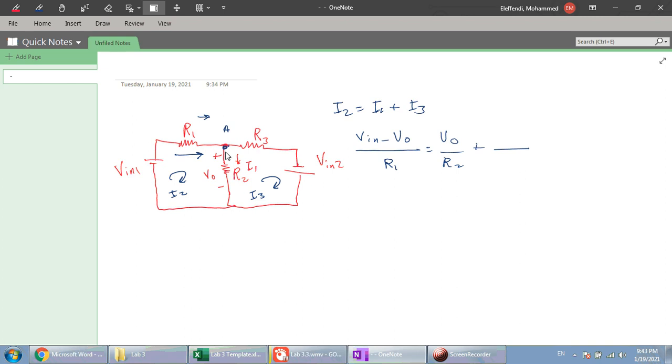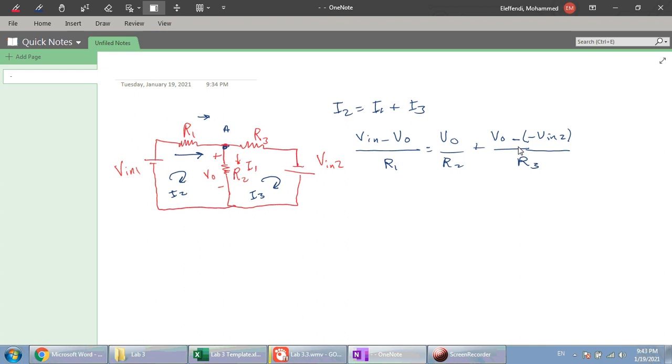Now the voltage in here is V out, minus the voltage at this point. Now the voltage at this point is going to be minus V in 2. Remember, this is the negative terminal of the supply. So it's going to be V out minus minus V in 2, divided by R3.